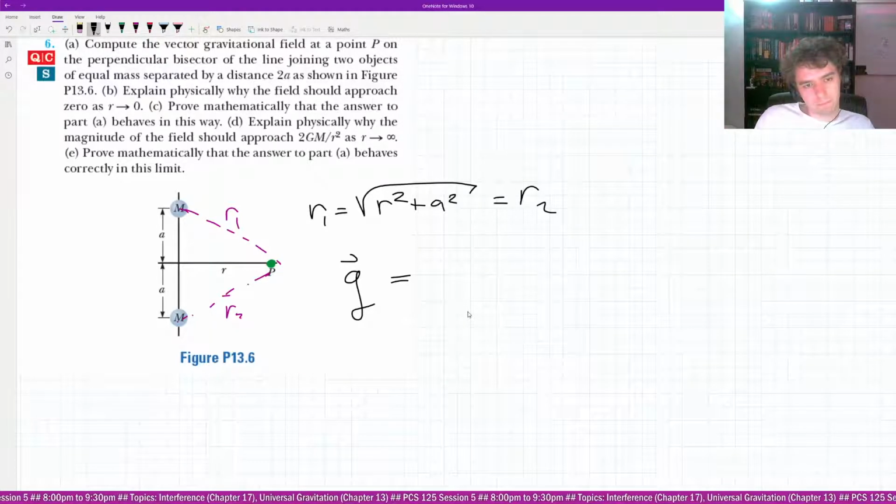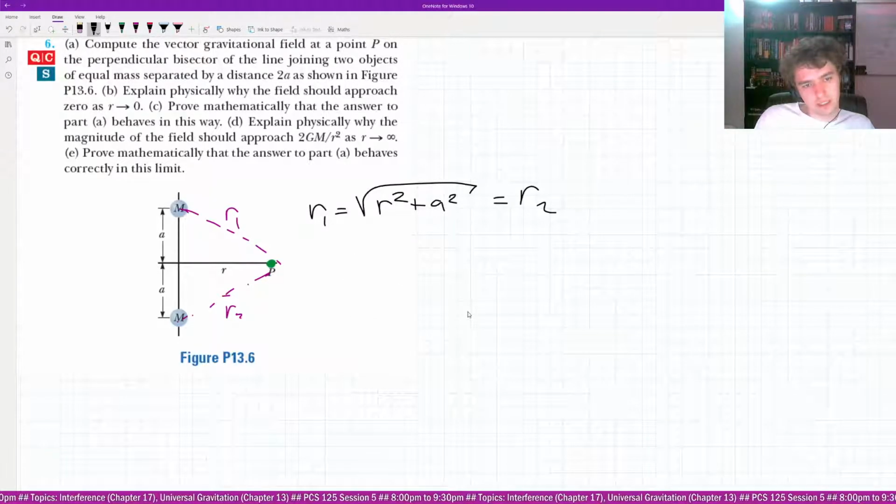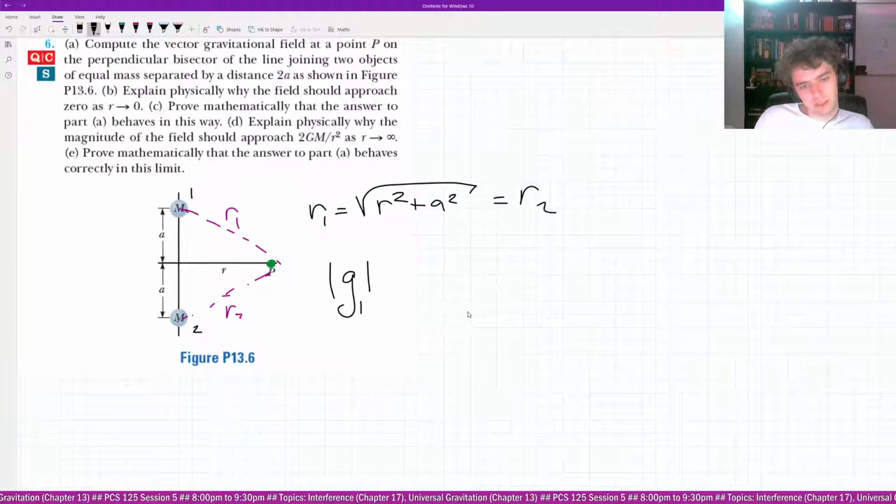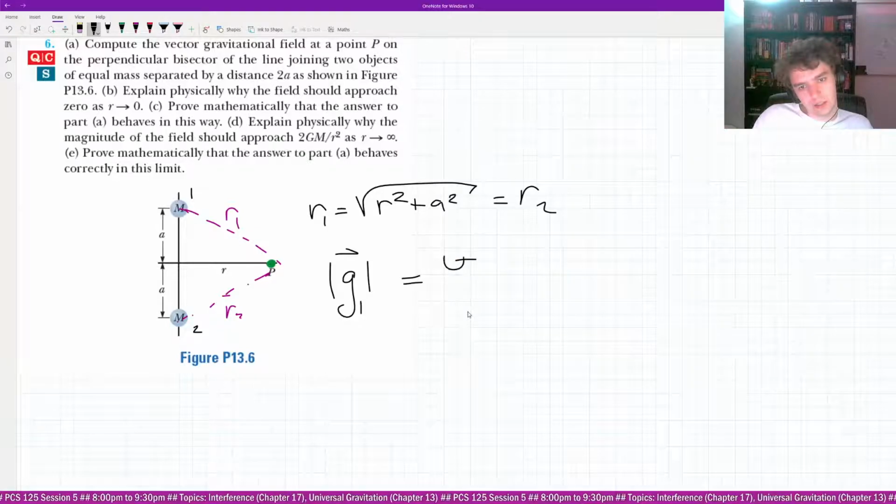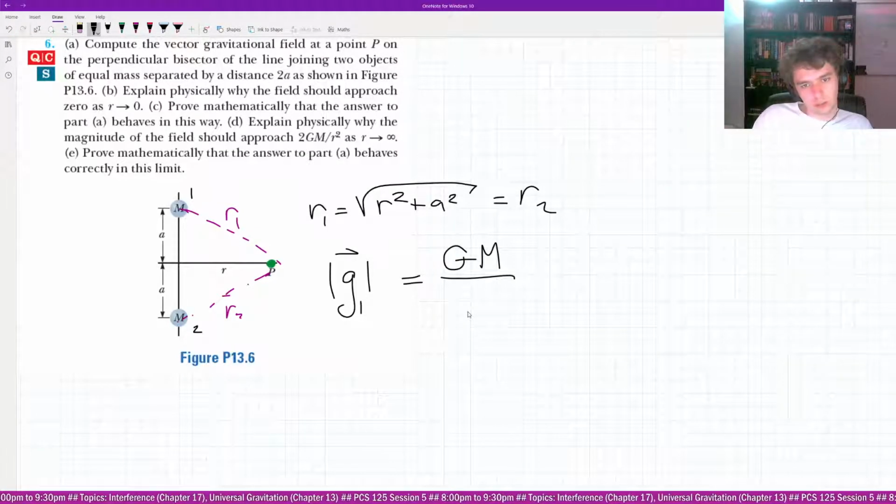Okay. I'm going to have to find the gravitational field caused by this first. So I'll call this number 1 and this one number 2. The magnitude of the gravitational field caused by number 1 at point P is G times the mass of that one, which is m, over the square of the radius, which is r squared plus a squared.